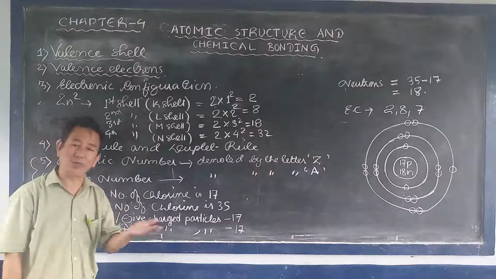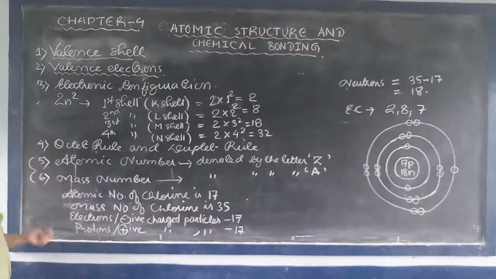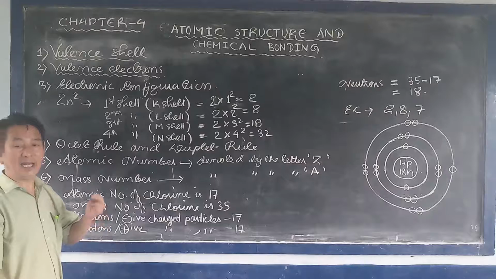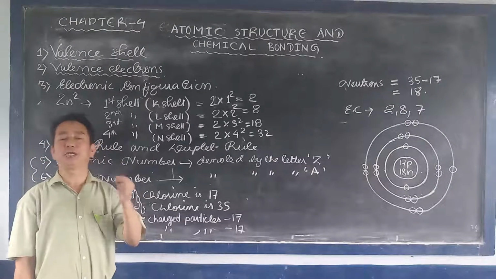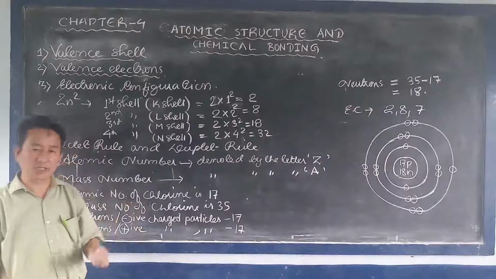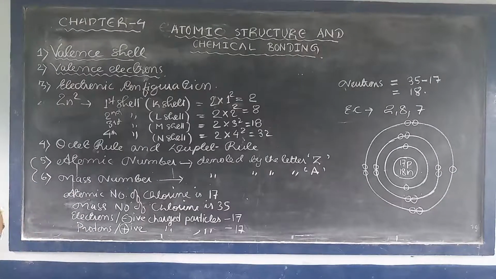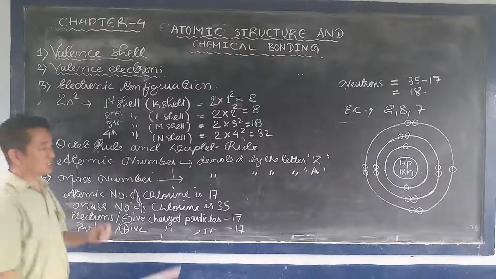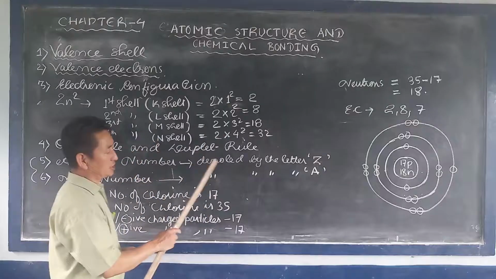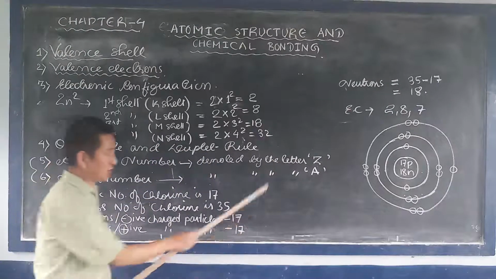Now what is atomic number? Atomic number means the equal number of electrons or protons present in an atom, or equal number of positive and negative charged particles present in an atom. It is denoted by the capital letter Z.